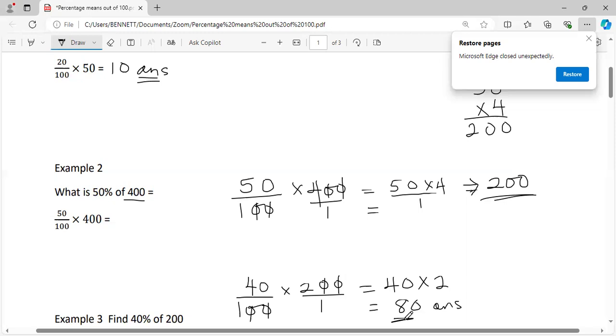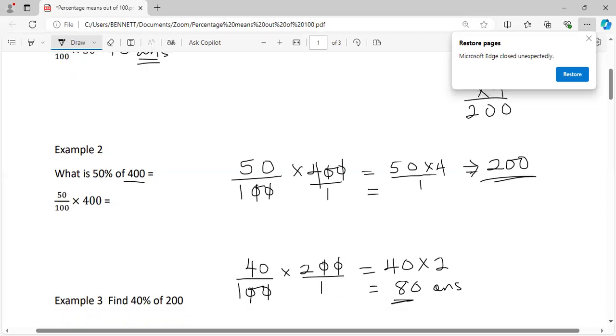So just remember, percent means out of 100. All right, let me see if I can go down to the activity.